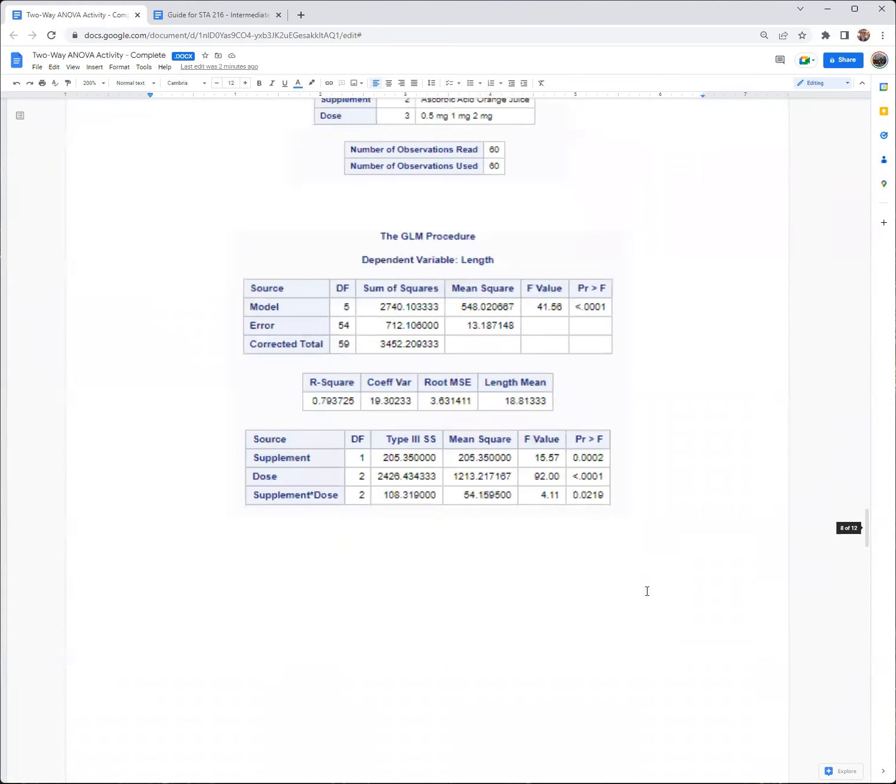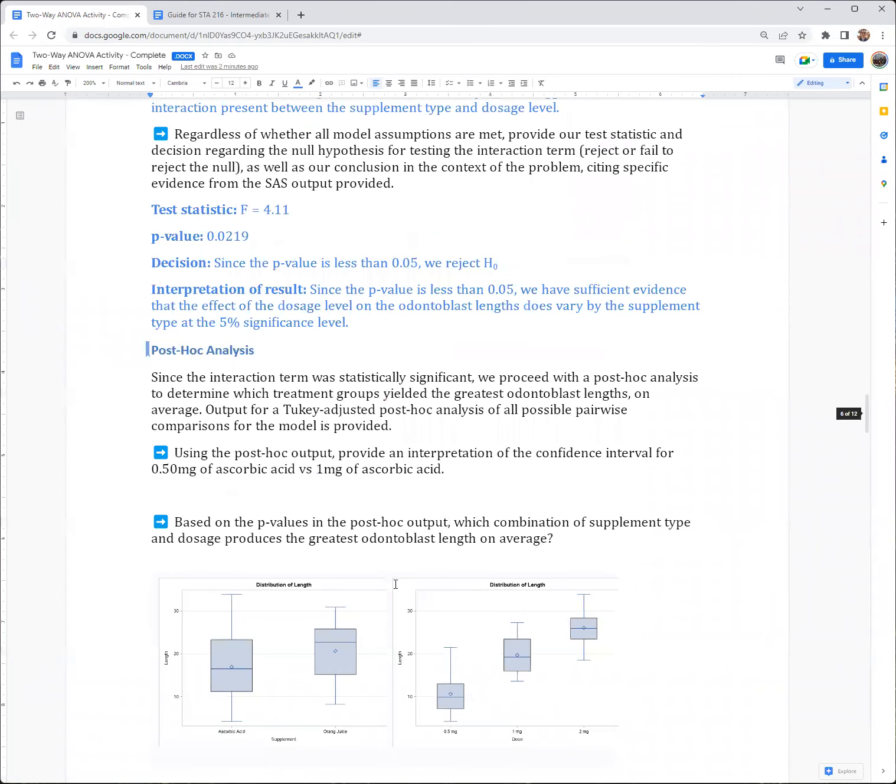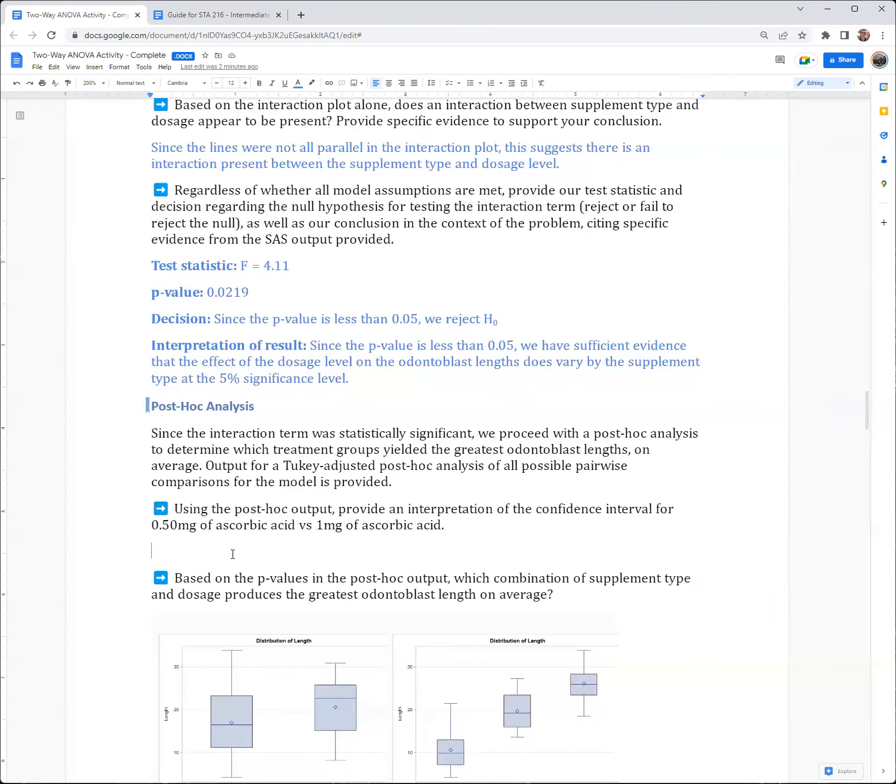Let's go back to what we were wanting. Okay, so we want an interpretation for the confidence interval for the difference in the average odontoblasts between 0.5 milligram and 1 milligram of ascorbic acid. Okay, so let's get the bounds for our confidence interval first.